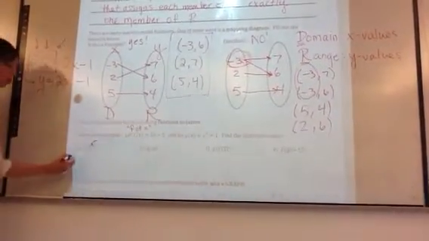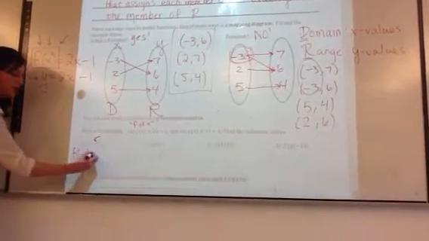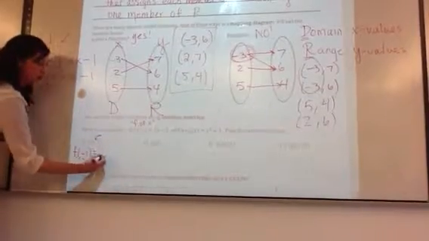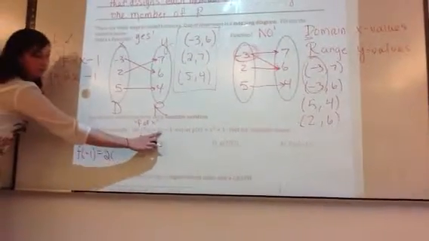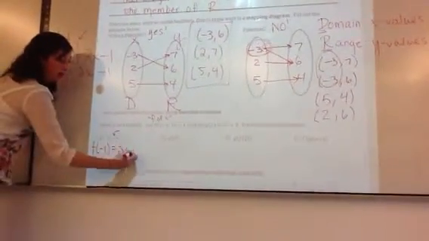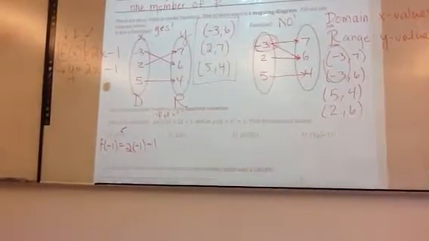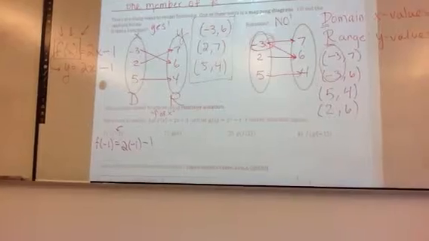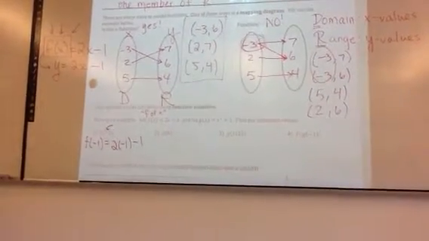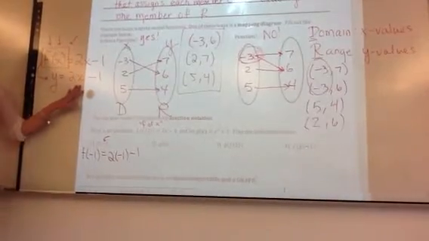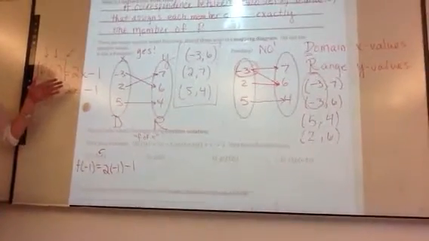So watch what we're going to do. f of negative 1 is going to equal, put it through the machine, 2 times negative 1 minus 1. It's just another way to note y equals 2x minus 1, f of x equals 2x minus 1.